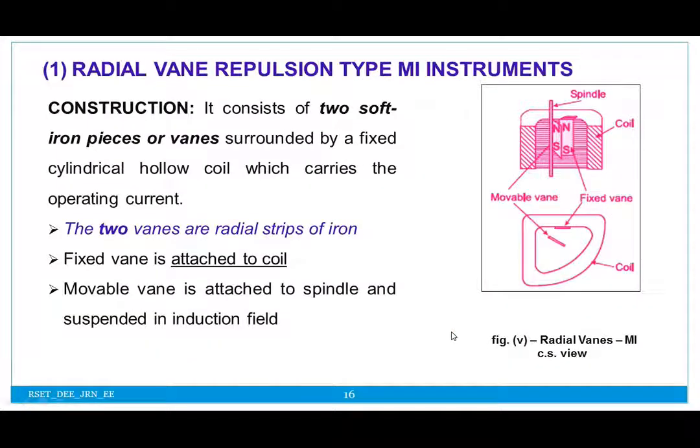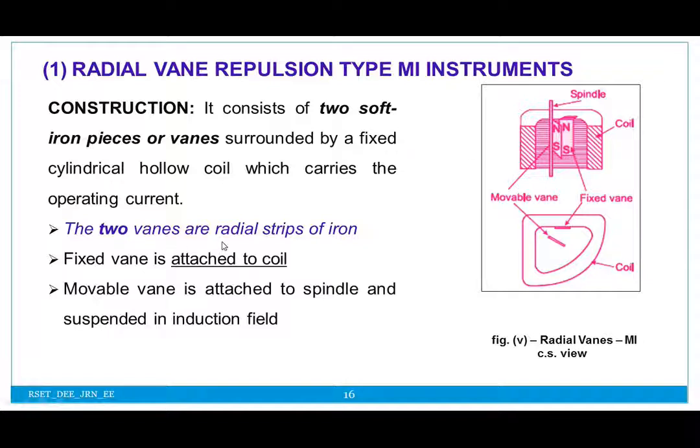Now we'll see the construction of the first type, the radial vane repulsion type moving iron instrument. This represents my stationary coil. This represents two soft iron pieces in the shape of vanes. They are kept inside the coil, and the coil is of cylindrical shape which carries the operating current.